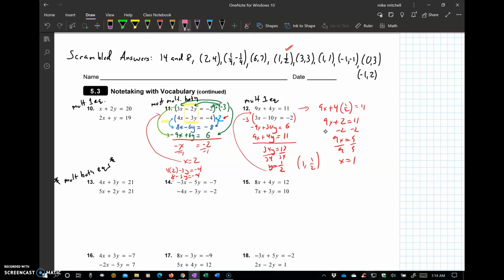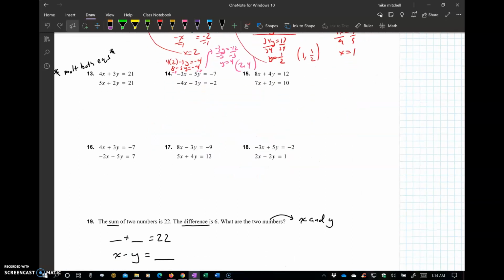I'm going to minus 8 minus 8. That gives me negative 3y equals negative 12. Divide by negative 3. Y is equal to 4. So there's my point 2, 4. The x was 2, the y is 4. There it is.